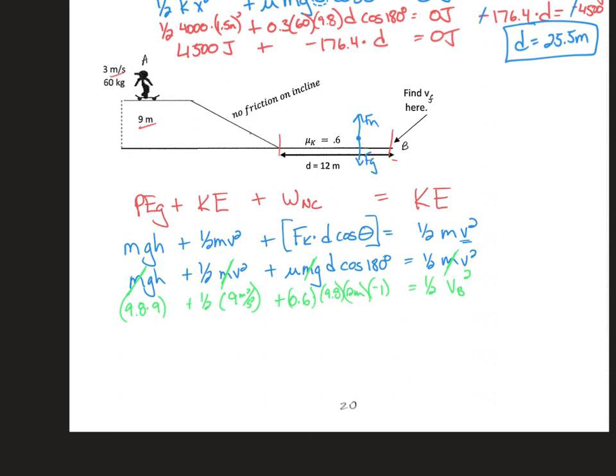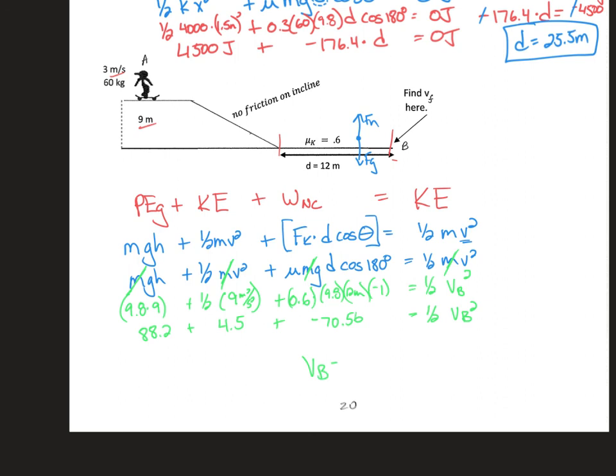So now that left side is just very busy, but we just have to tackle it all. 9.8 times 9, 88.2, plus 1/2 of 9, 4.5, plus 0.6 times 9.8 times 12 times -1, negative 70.56 equals 1/2 of VB squared.